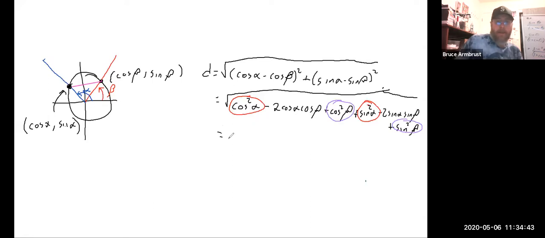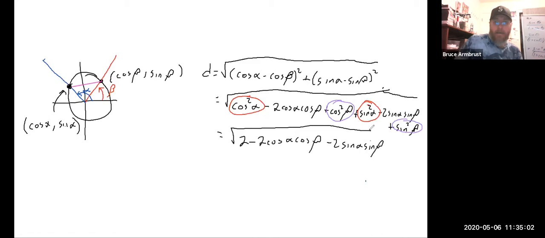So if I simplify that, I get the square root of, it's much nicer now, 2 minus 2 cosine alpha cosine beta minus 2 sine alpha sine beta. All right, so yay. From this picture, just connecting those two points and looking at the distance, we get this right here.